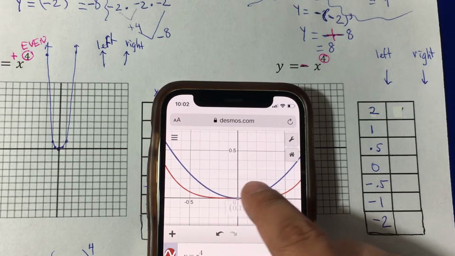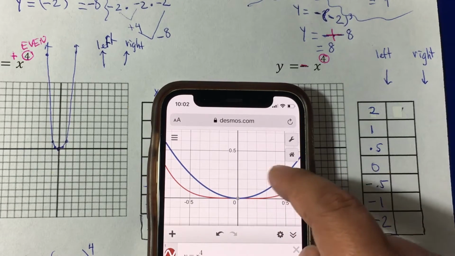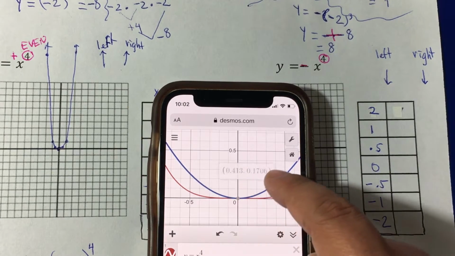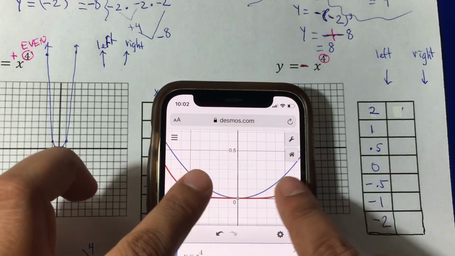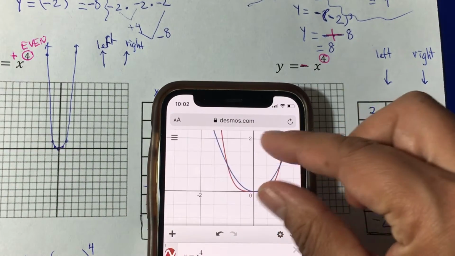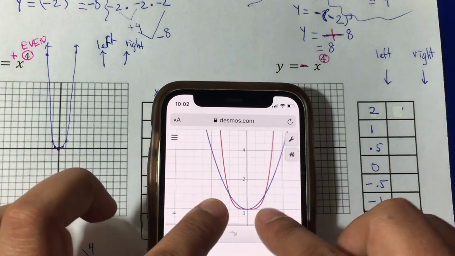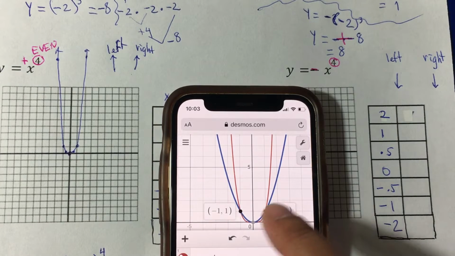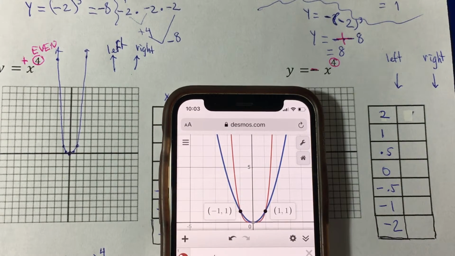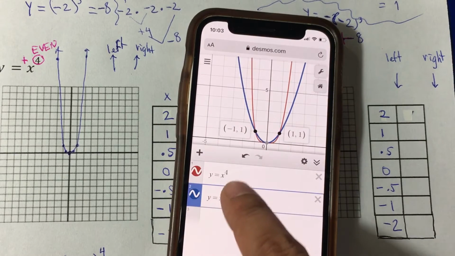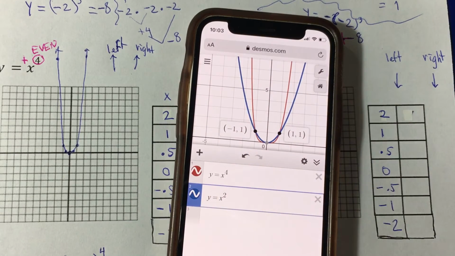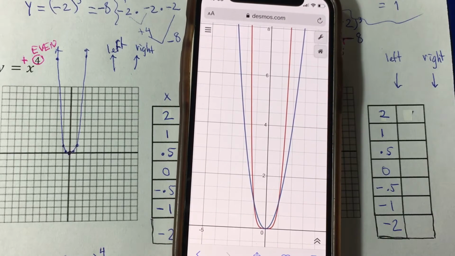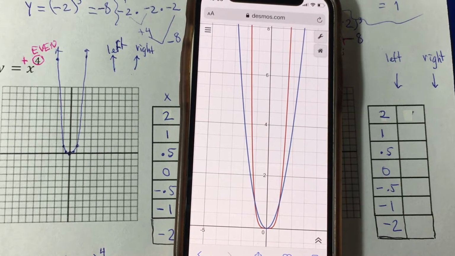But with this one, it grows a little faster in the decimals. But then, which one grows faster? After 1, 1 and negative 1, 1, the red, which is y equals x to the fourth, grows faster. Look at that. Beautiful.